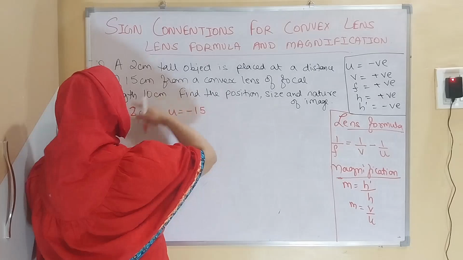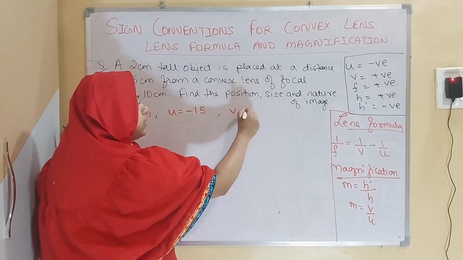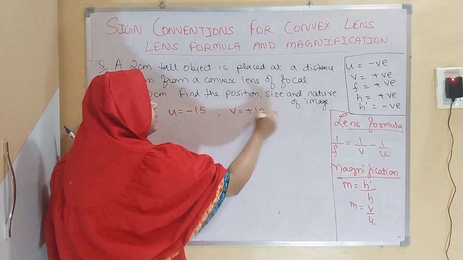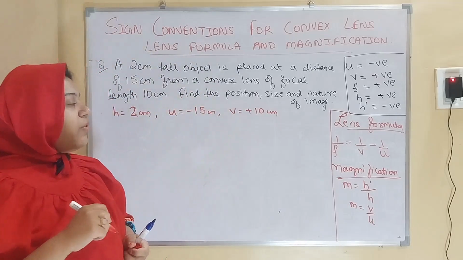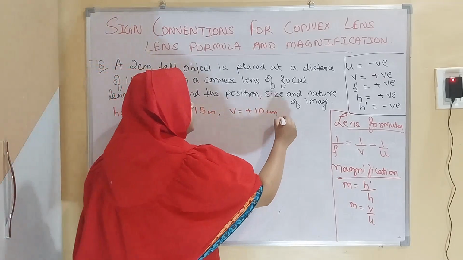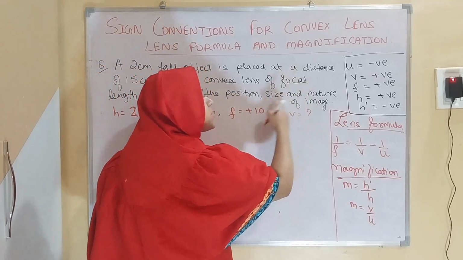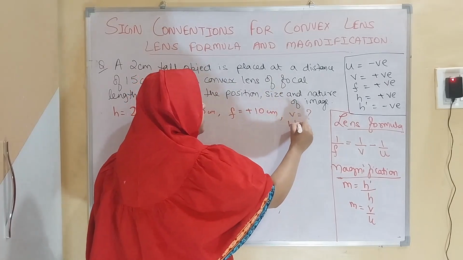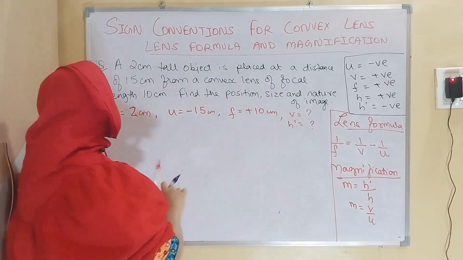From a convex lens of focal length 10, f is equal to plus 10. Find the position, size and nature of image. Position means v and size means h dash. So we need to find v and h dash.